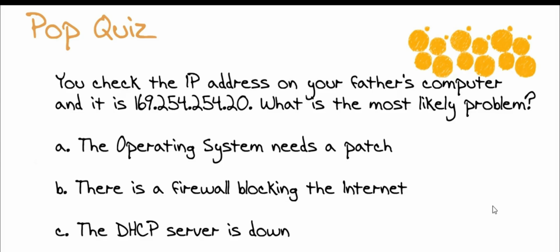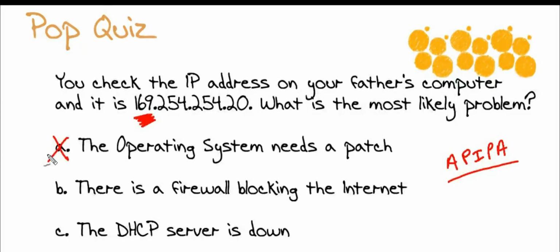Second of all, do you notice something about the IP address that your dad has? Yep, it's 169. That 169 is our clue. This is the automatic private IP addressing that we mentioned in this nugget. What does it most likely mean? Well, operating systems always need patches, but I think we have a better answer here.